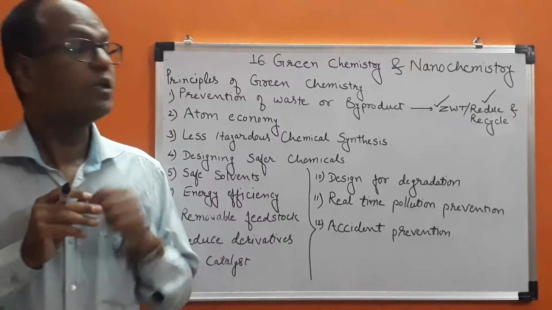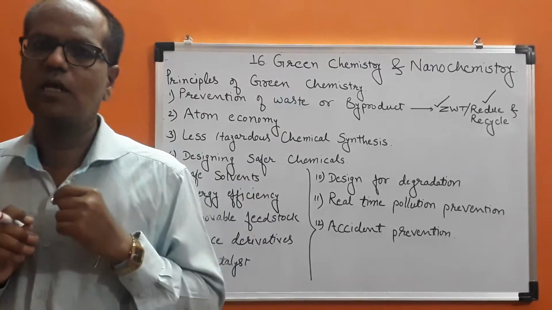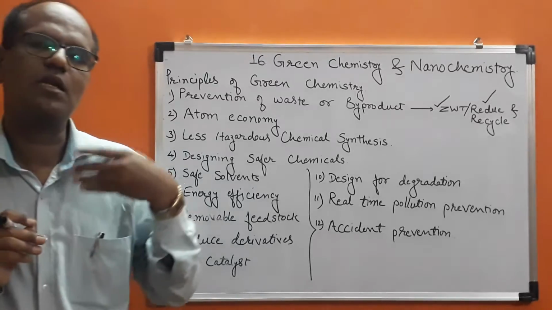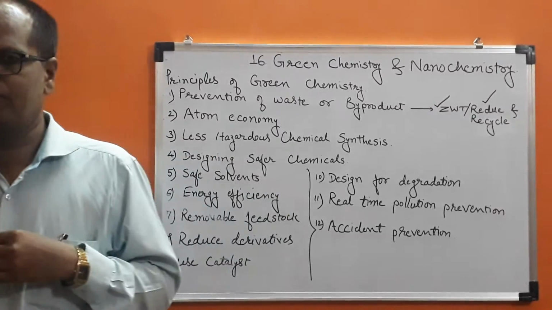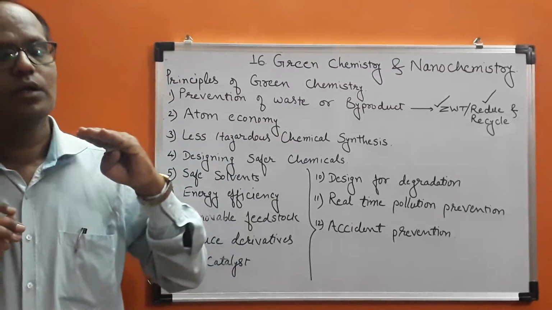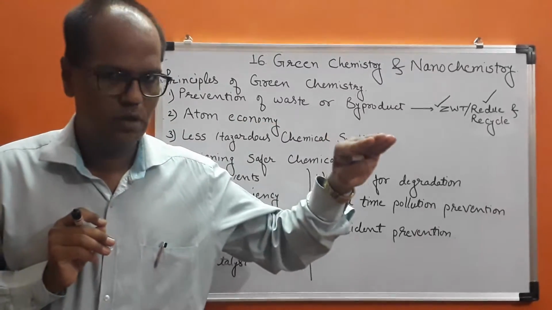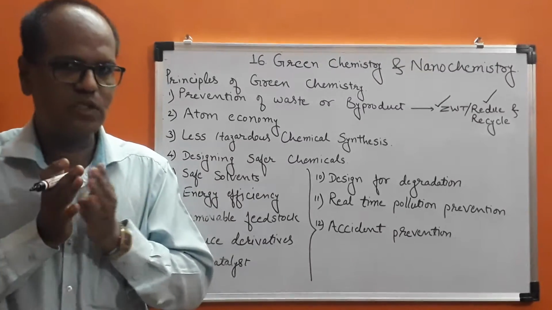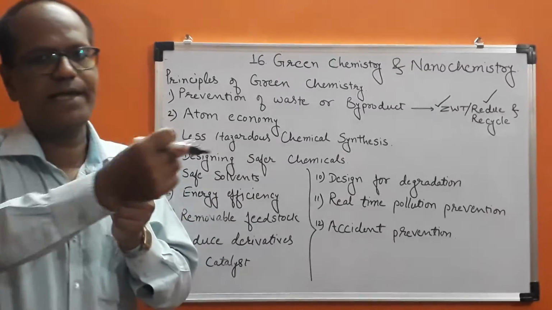What does it mean? This recycling is also done in most of the plastic industry. For example, plastics are non-biodegradable. Most of the plastic cannot degrade with the help of nature. So what you do is create such a plastic which can be recycled.